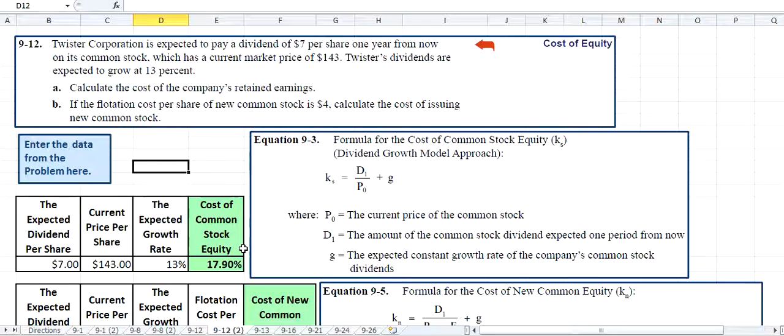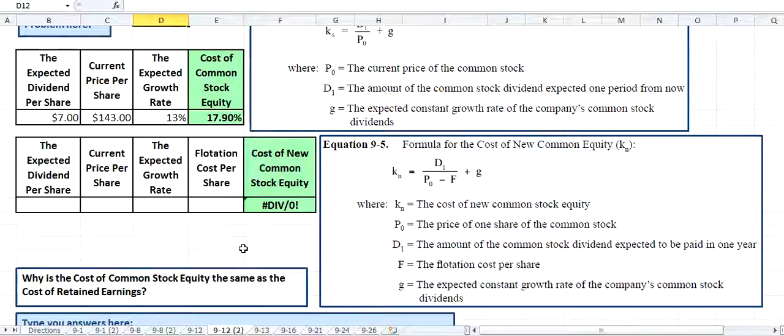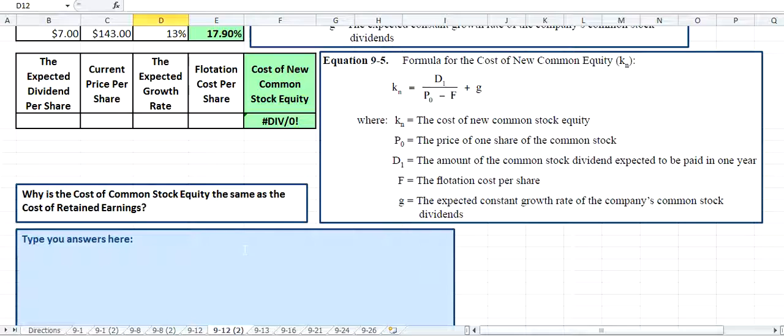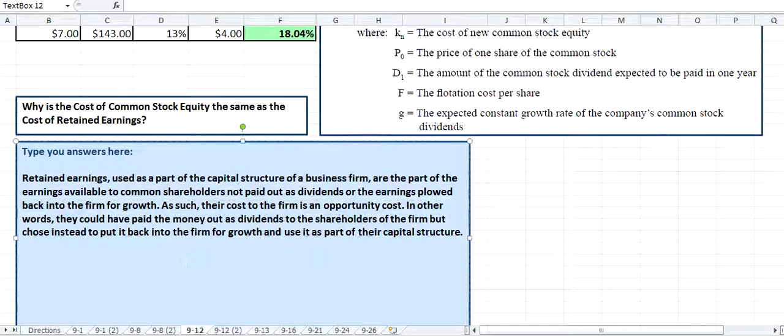Now, why is that? Well, the best way I could find to explain it that made the most sense was, let's jump back over here, this idea that retained earnings are part of the capital structure of the business. It's what they have left over after they've paid everything, after they've taken out all their cost, and that's their retained earnings.